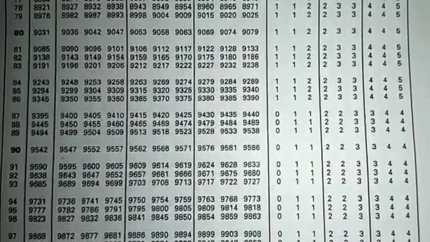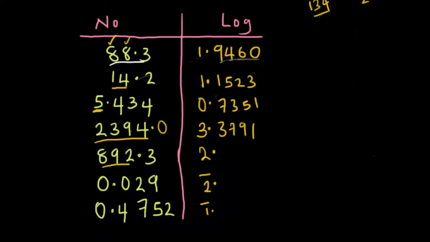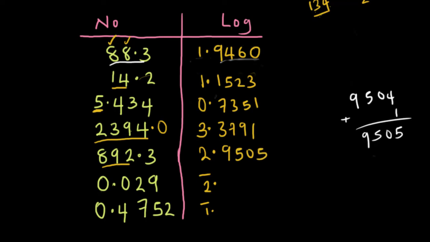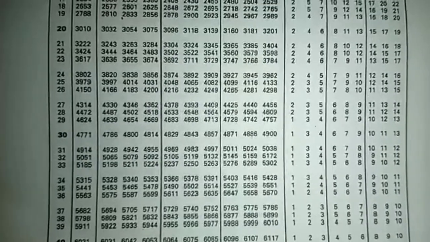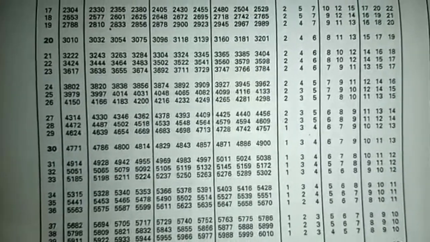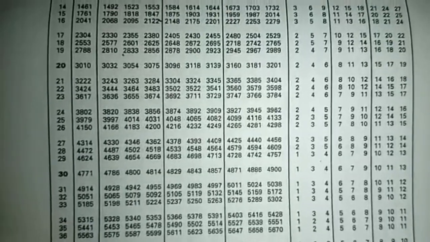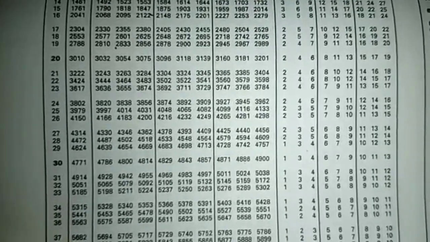Do you understand? 4 plus 1 is 5. So we have 9505. So it means that the logarithm of 892.3 is 2.9505. Next.